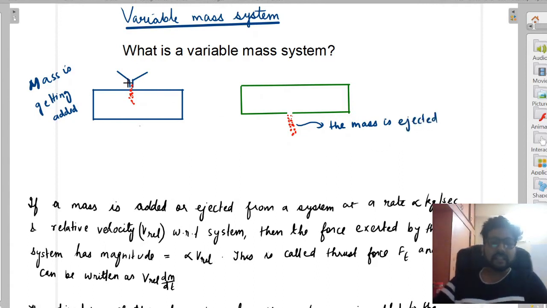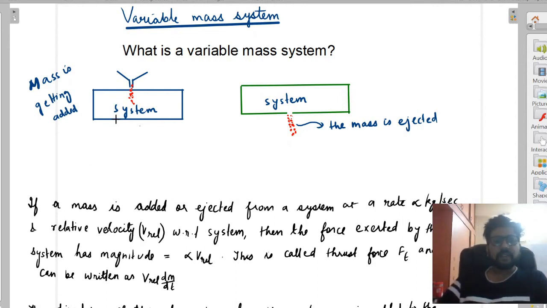So if either the mass is getting added to the system or the mass is ejecting from the system, then such a system where the mass is changing with time is called a variable mass system.